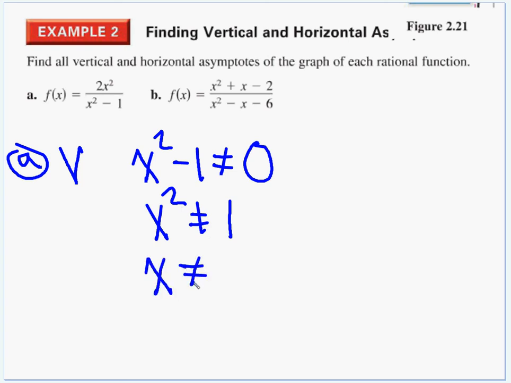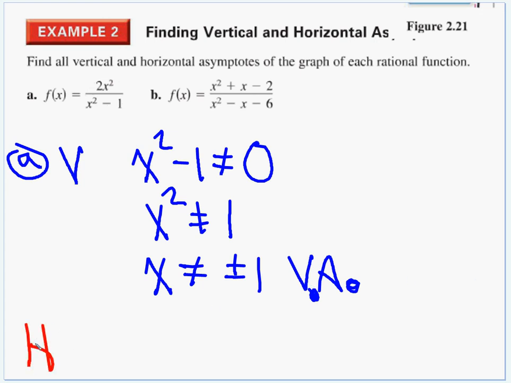X cannot equal plus and minus 1. Those will be the vertical asymptotes. I should have pointed out at the beginning, there's no way to factor and cancel. We can factor the denominator into x plus 1, x minus 1, but nothing's going to cancel. So there's our vertical asymptotes.